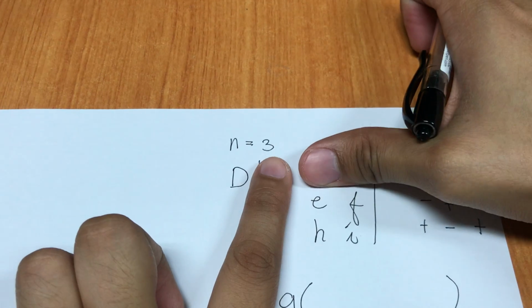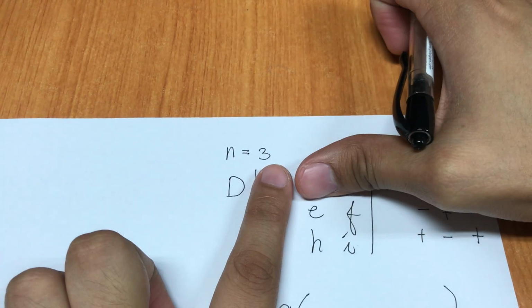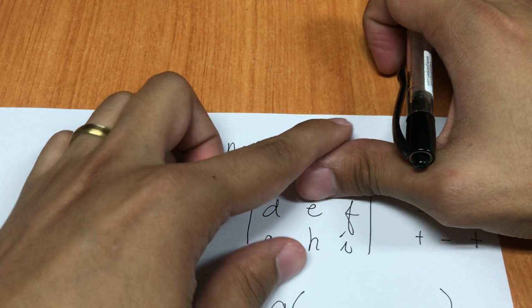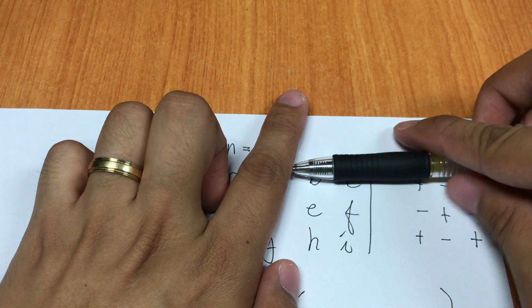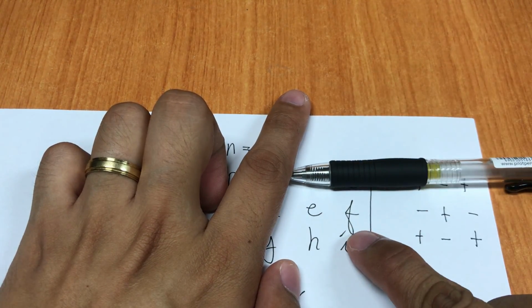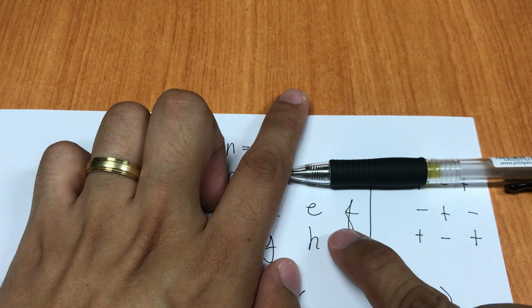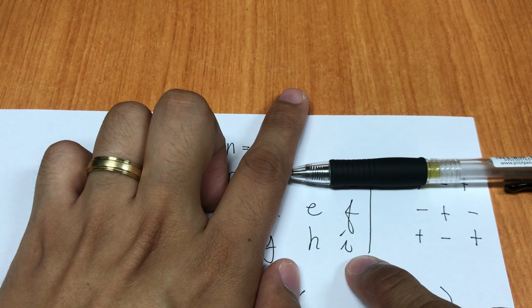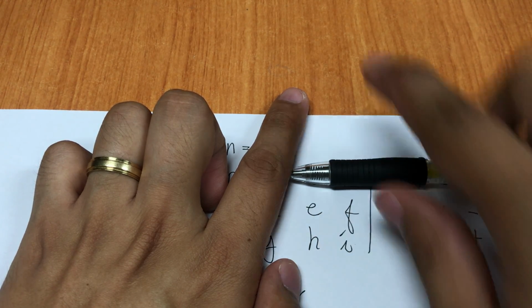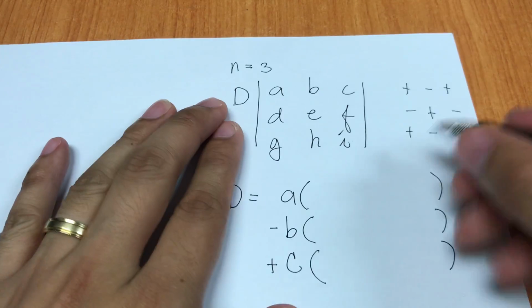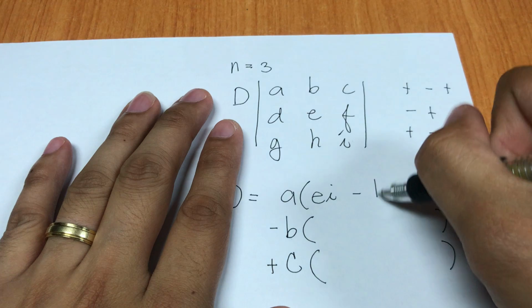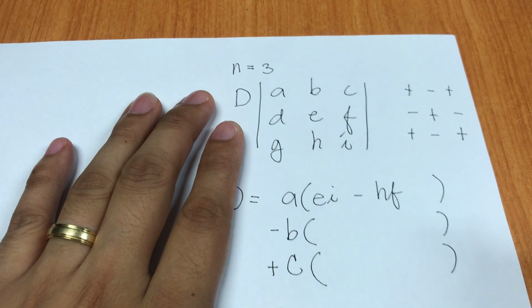So, we are only left with this 2 by 2 matrix: E, F, H, and I. Ato i-substitute dito sa sulod sa atong parenthesis, pag-operate dito sa 2 by 2: E times I minus H times F. So, A, quantity E times I minus H times F.